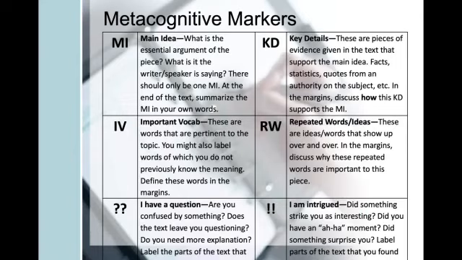For example, if you were looking for a main idea in a topic or in a heading or a subheading through several paragraphs, you might want to label them MI. If you're finding important vocabulary, and a lot of times in nonfiction they will boldface print or italicize vocabulary, but maybe not all vocabulary has that, you might want to put an IV next to your important vocabulary that you might not know the meanings of.